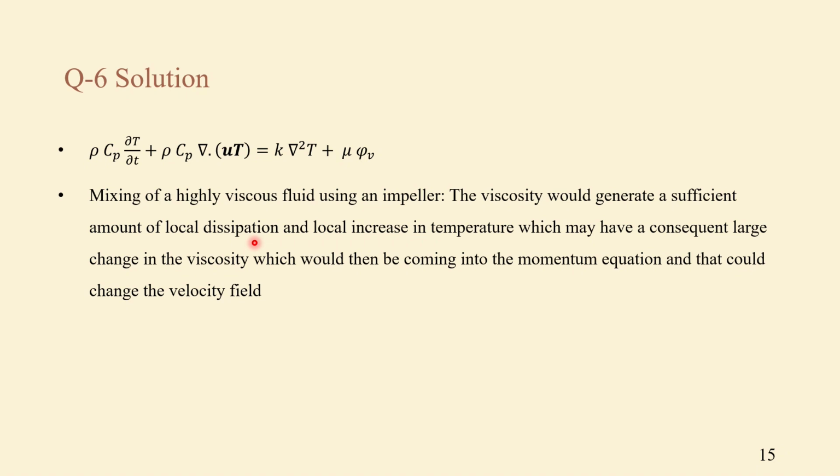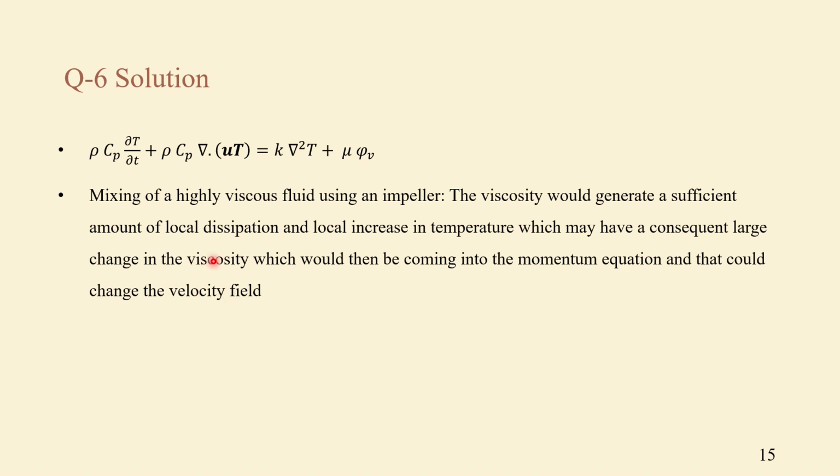So viscosity would generate a sufficient amount of local dissipation, and therefore a local increase in temperature, and that local increase in temperature may cause a large change in the viscosity, which would then come into the momentum equation and could change the velocity field. So everything is interlinked.